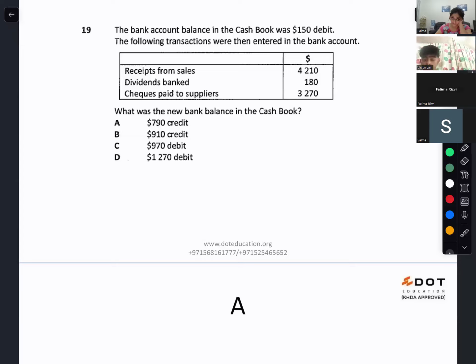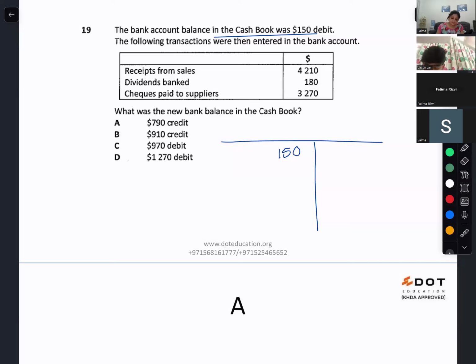Question 19. The bank account balance in the cash book was 150 debited. So on the debit side, it'll be 150.